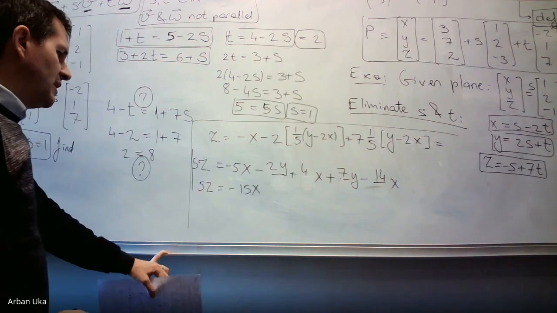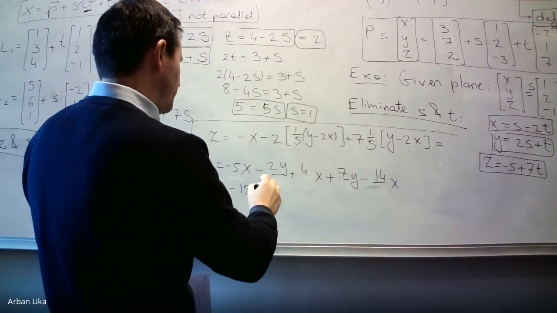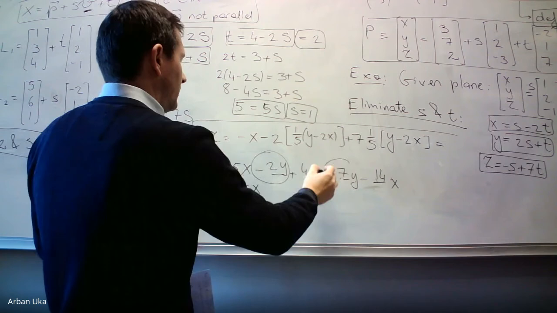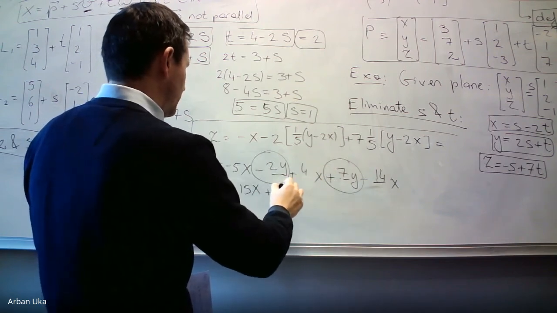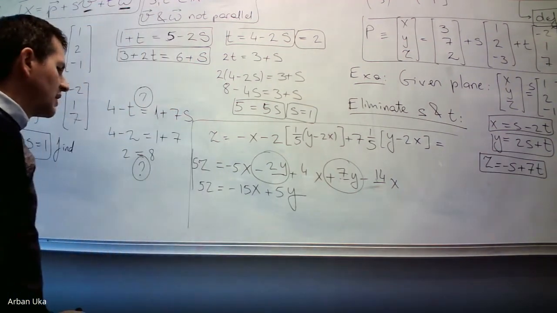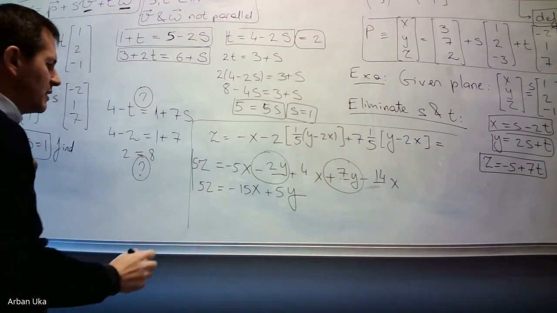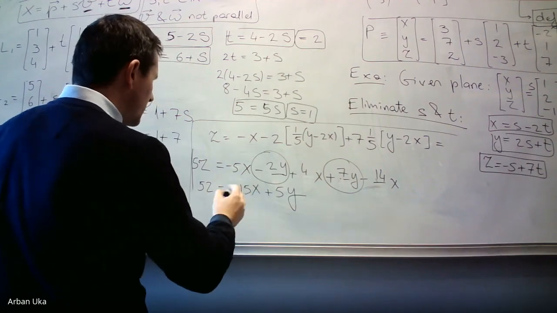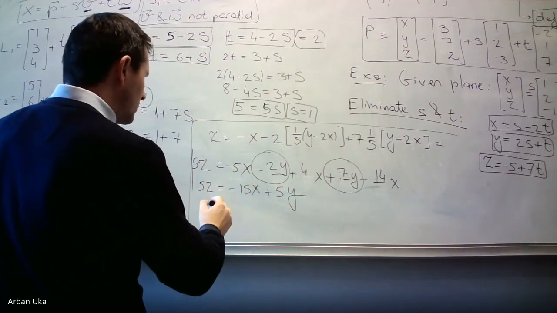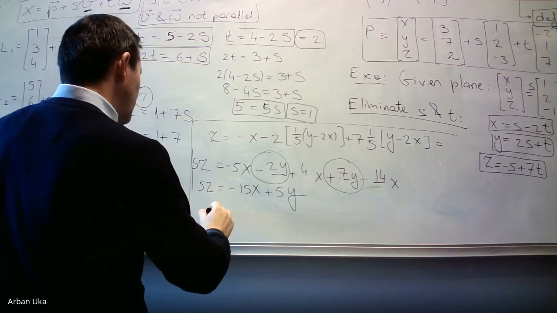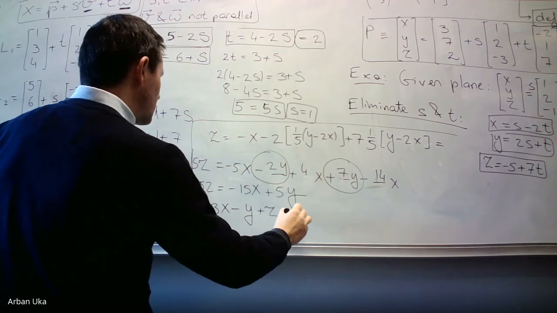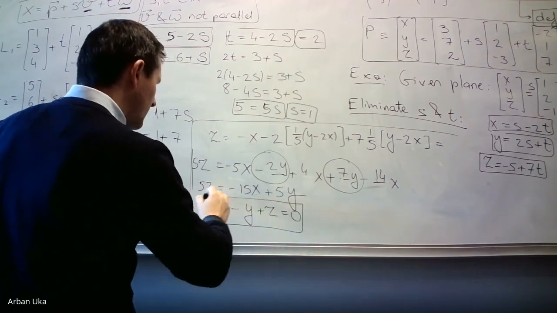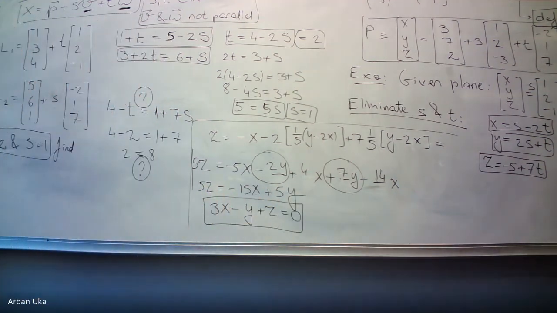The y terms cancel out. We can divide by 5 everywhere, and we obtain the following: 3x minus y plus z is equal to 0. Okay, so this looks like the final equation of this plane.